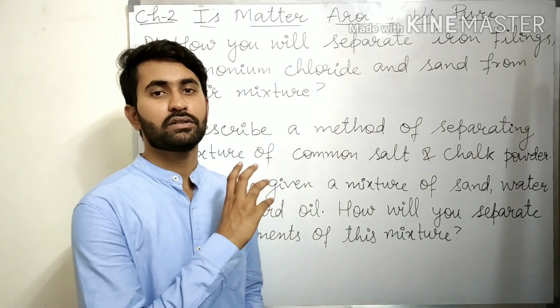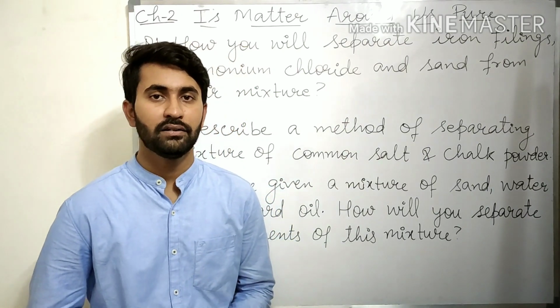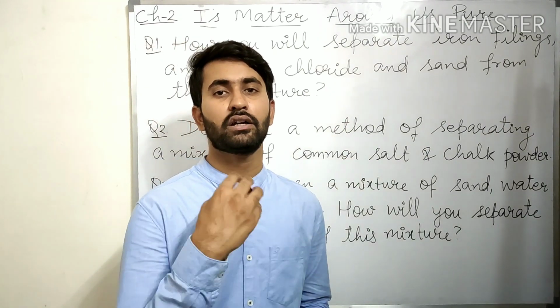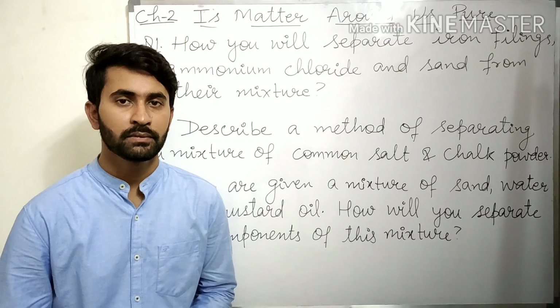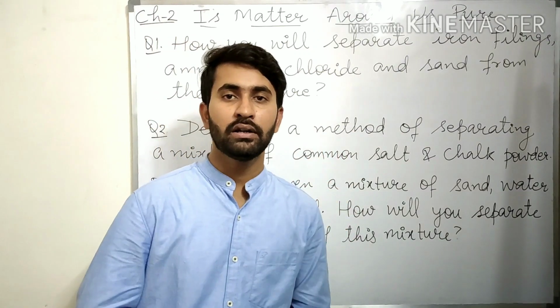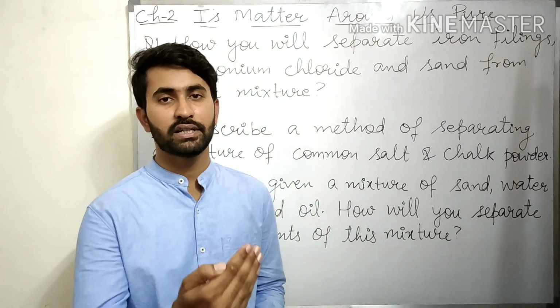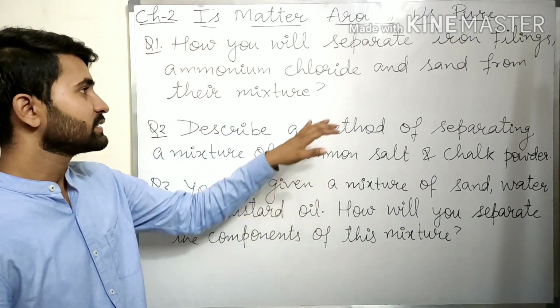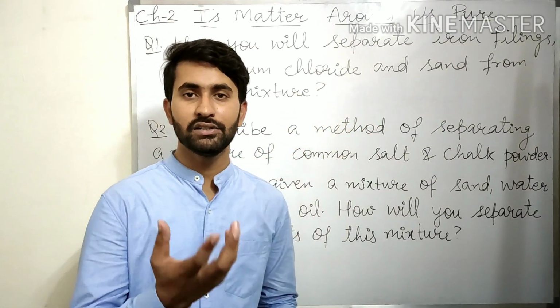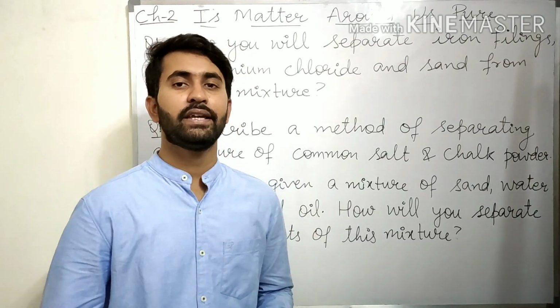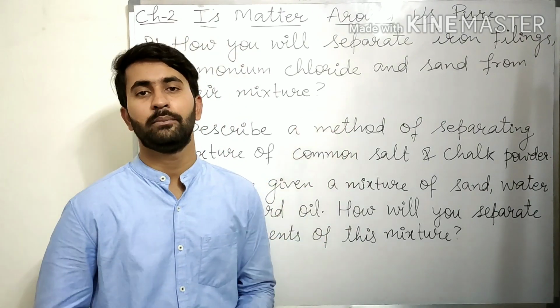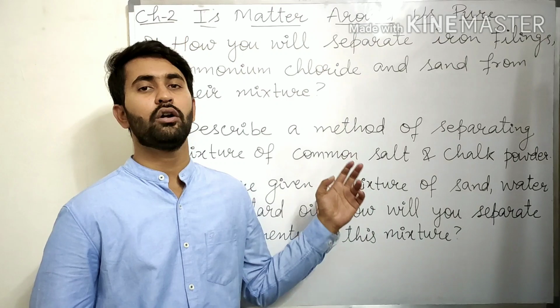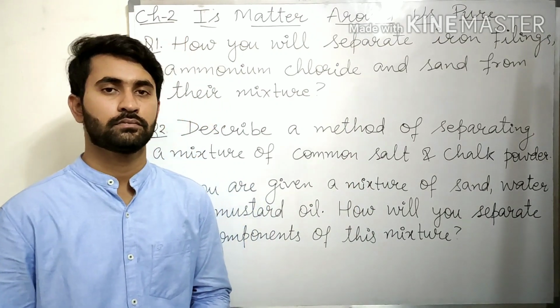When the vapors of ammonium chloride come in contact with the cold funnel, they will cool down and get deposited on the wall of the funnel, whereas the sand will remain in the china dish. We can then remove the solid ammonium chloride from the wall of the funnel.